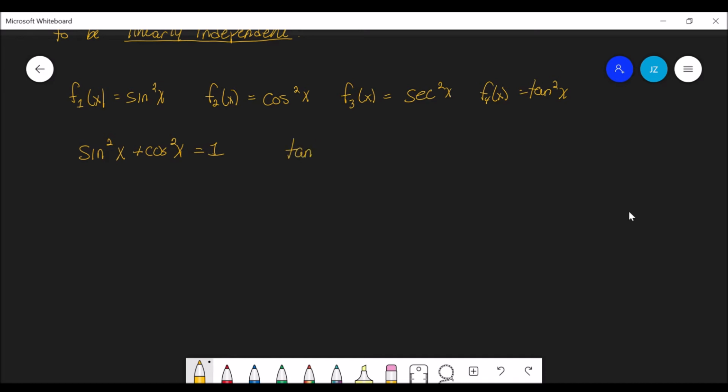Also notice that tan squared minus secant squared is equal to negative 1. So we can write 1 times f1 plus 1 times f2 plus negative 1 times f3 plus 1 times f4, and this is 0. Therefore, these are linearly dependent.